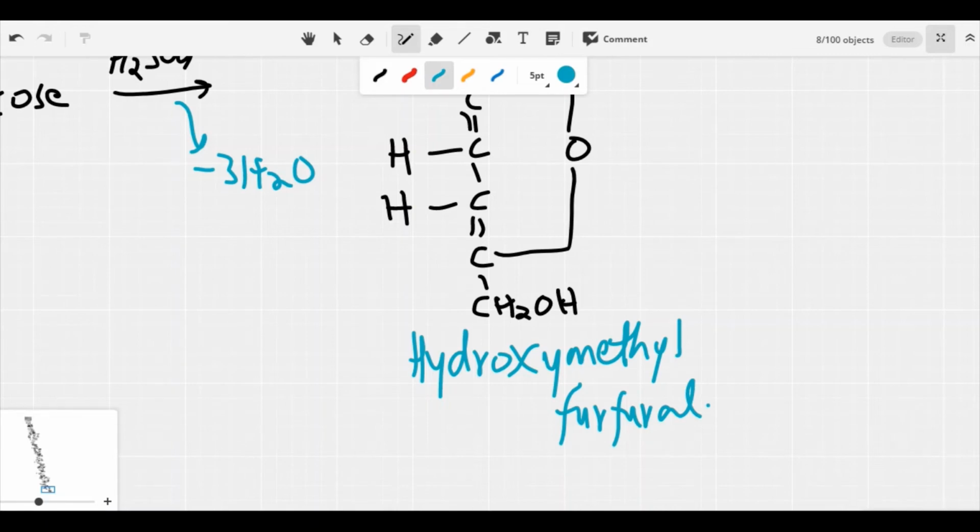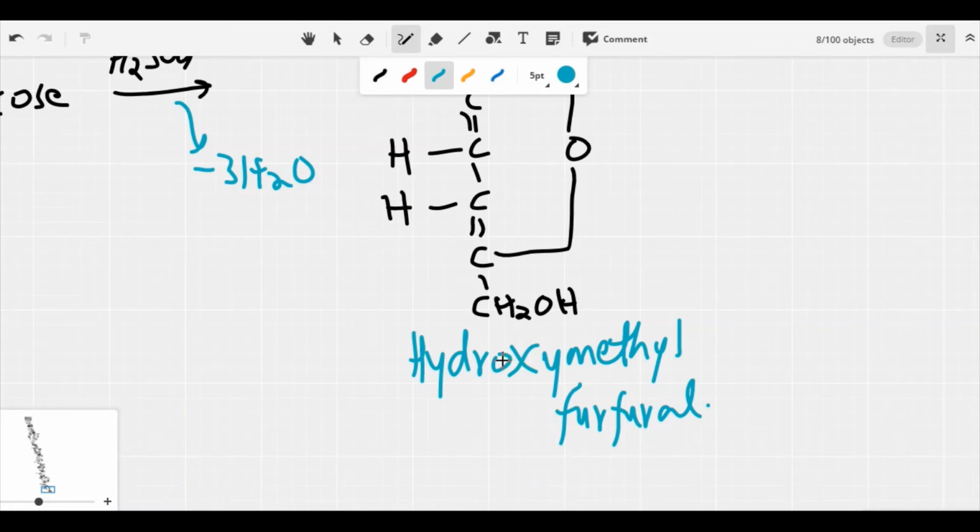And remember, the furfurals can condense with phenolic compounds, for example alpha naphthol, to form colored products.